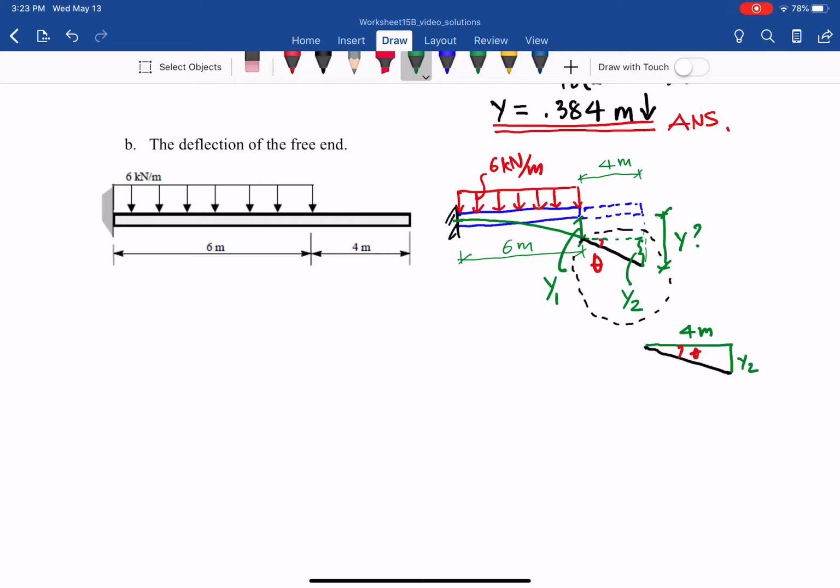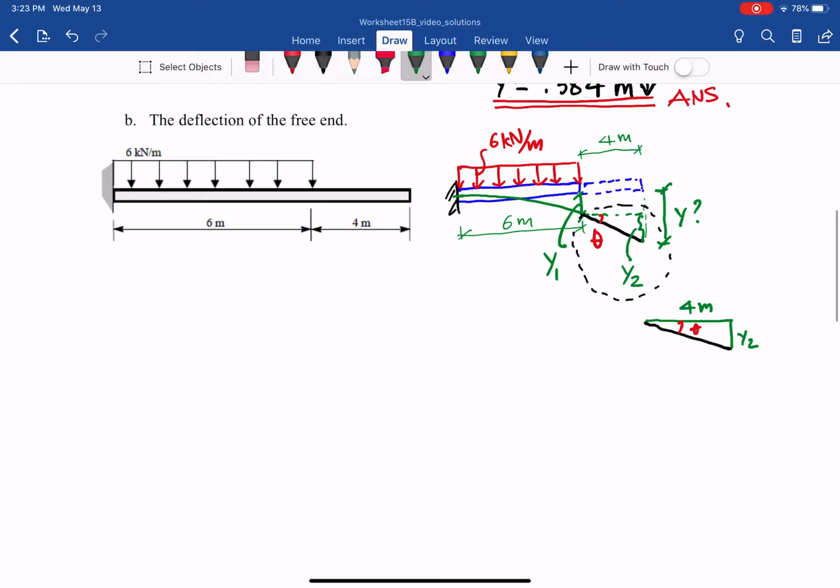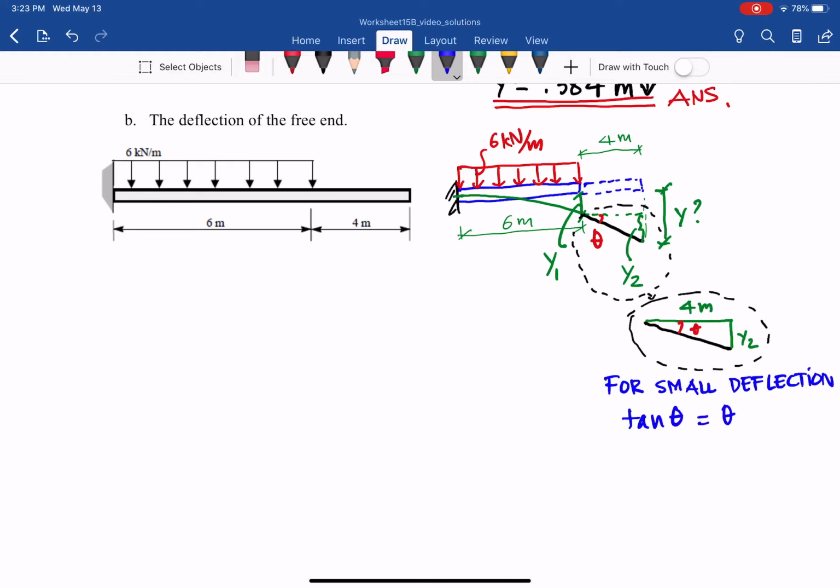For small deflection, the tangent is about equal to the slope angle theta in radians.